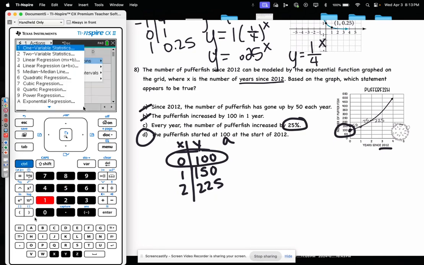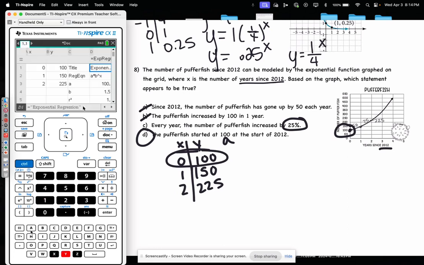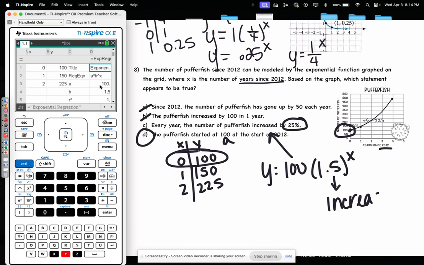But again, up to you. X and Y. So here you can see the equation would have been 100, which even that just reinforces letter D, times 1.5 to the X. So this is saying that it had an increase of 50%, in fact, not 25%.